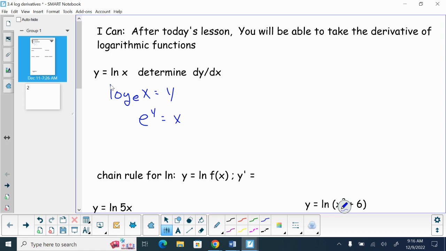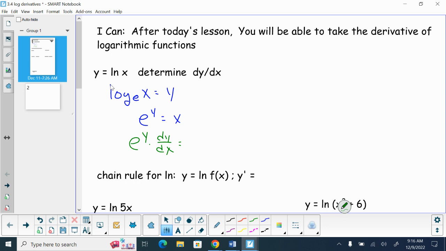So let's take the derivative of the left-hand side. Well, if I take the derivative of e to the y, how do I take the derivative of e's? Just the same thing. So we have e to the y, but then we have to take the derivative of our exponent, which means that's going to give us a dy dx.